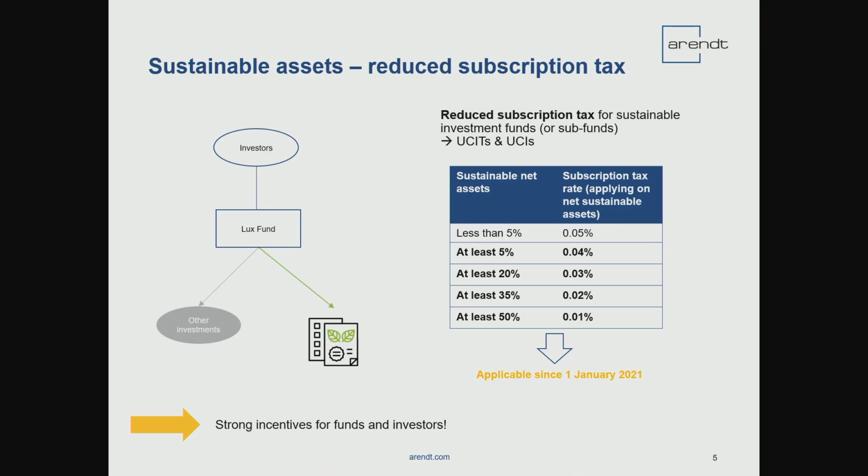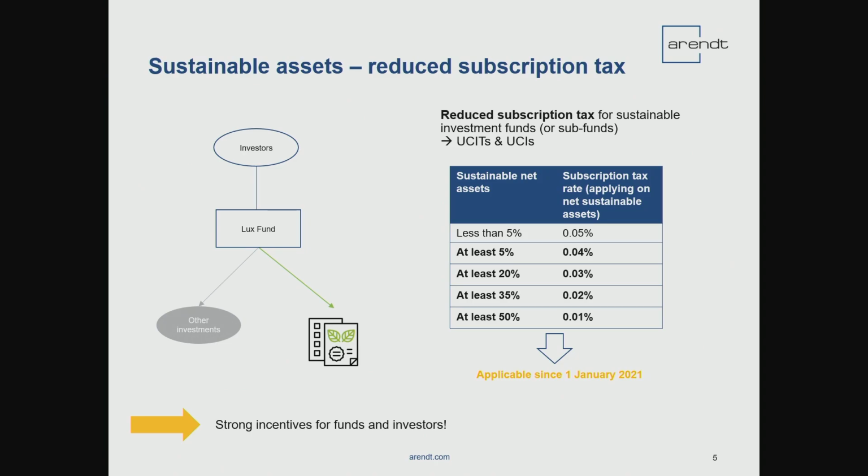When we speak about a fund, it can be a standalone fund, but it can also be a dedicated sub-fund, because we all know that from a subscription tax perspective, you calculate the subscription tax on the NAV of the fund or the respective sub-fund, as the case may be. So when we use the term fund, it equally means sub-fund.